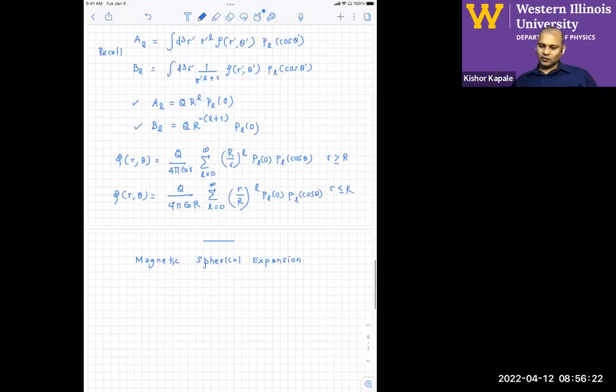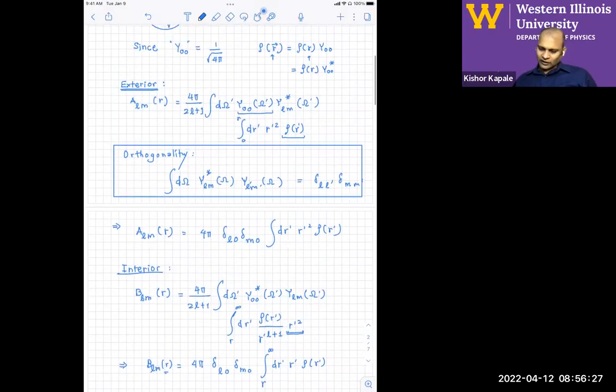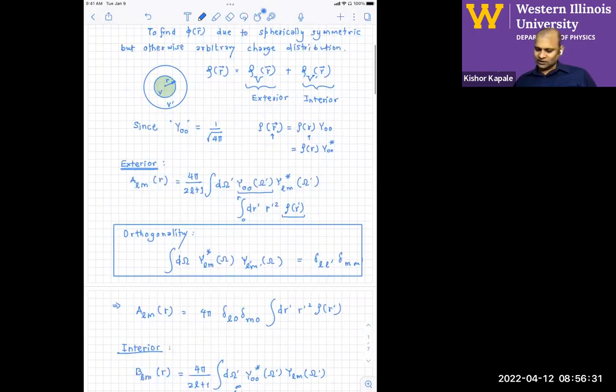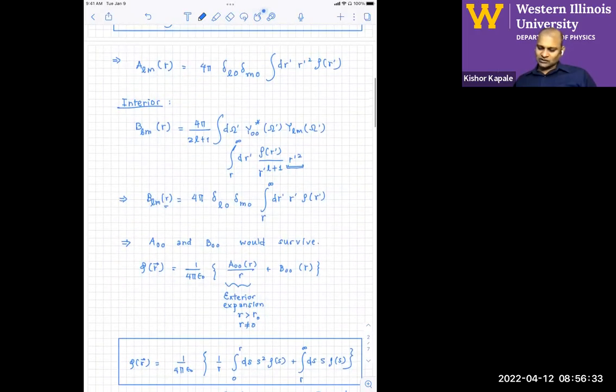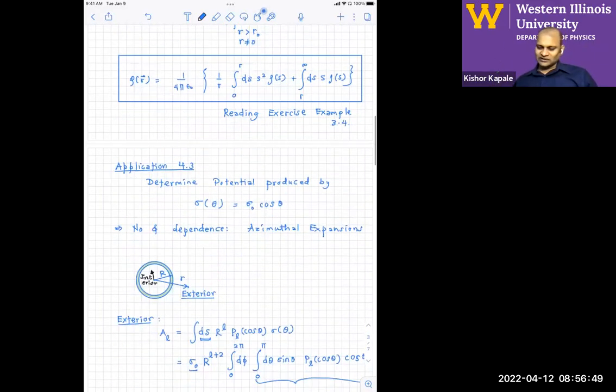That is to say, if you go back to what we did today, if you look at the first problem that we did, a completely spherically symmetric distribution, you see we only needed A00 and B00, meaning this multipole idea is not necessarily needed. You basically have a monopole contribution only, right? The higher order moments are not important. Whenever you have spherical symmetry, no higher moments are required.